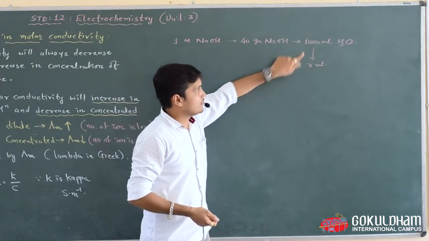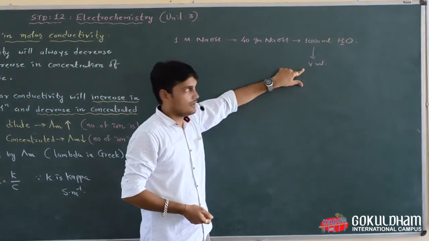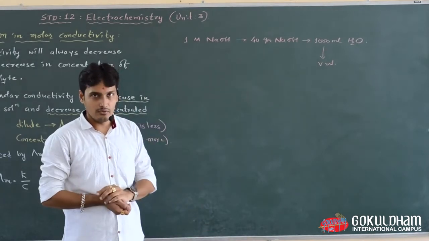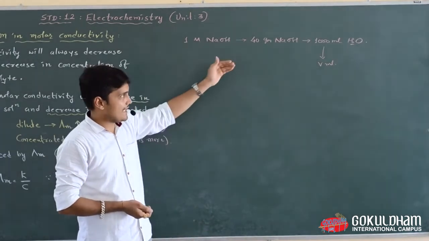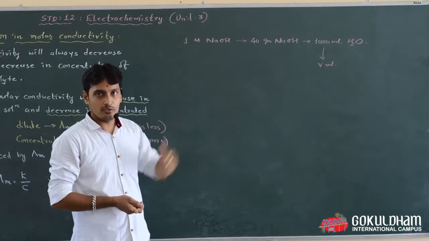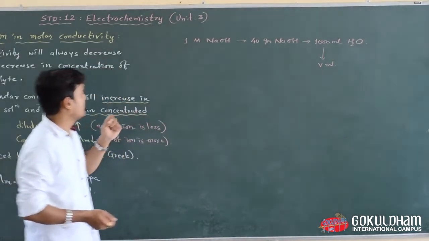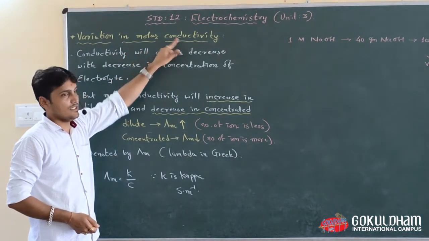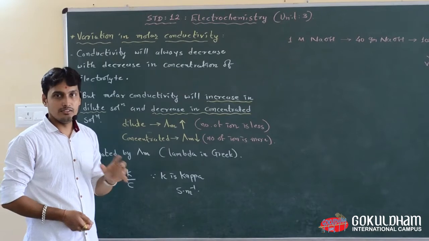Suppose 1000 to 10,000 ml means this solution is very dilute. If you are adding further water in the solution, then at that time this molar conductivity is very near to 0.